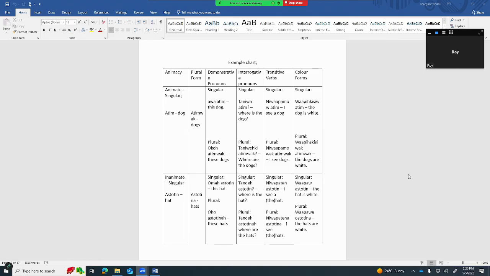So on the first column, animate, singular, attim, dog. Plural form, attimwag.